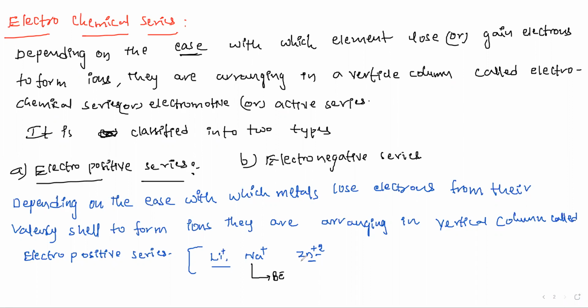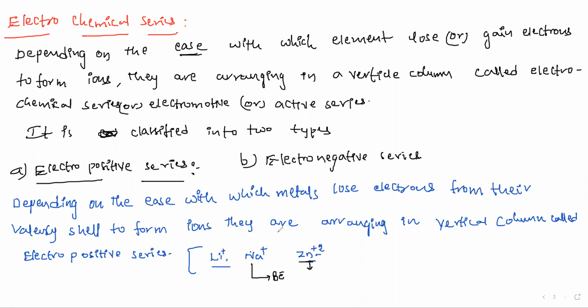Now compare these two. Zinc is not interested in losing electrons, but it is losing them. Oxygen comes under the electronegative series, and this is electropositive.